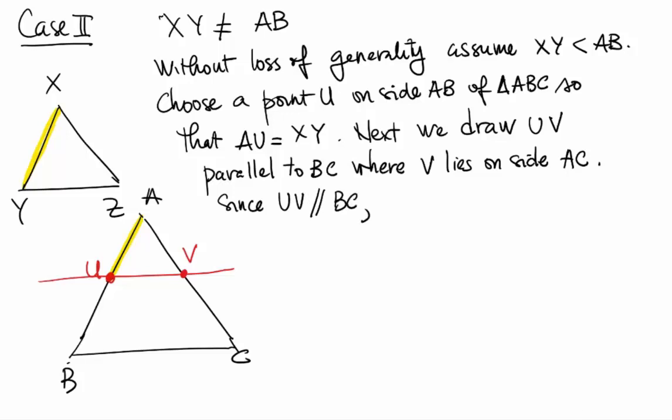let's consider the triangle, the angle AUV. AUV is this angle here, right? So you can see that angle AUV is equal to angle at B, because you can regard AB as a transversal of the parallel lines BC and UV. So these angles are the same.